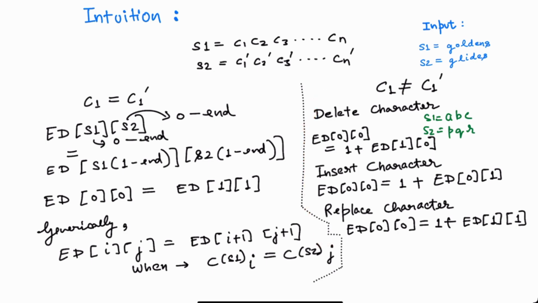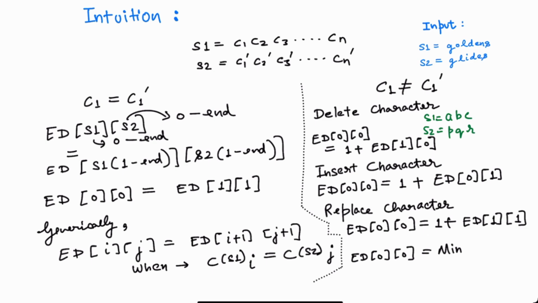So essentially what I am saying is that ed00 should be equal to minimum of 1 plus ed10, 1 plus ed01 and 1 plus ed11.